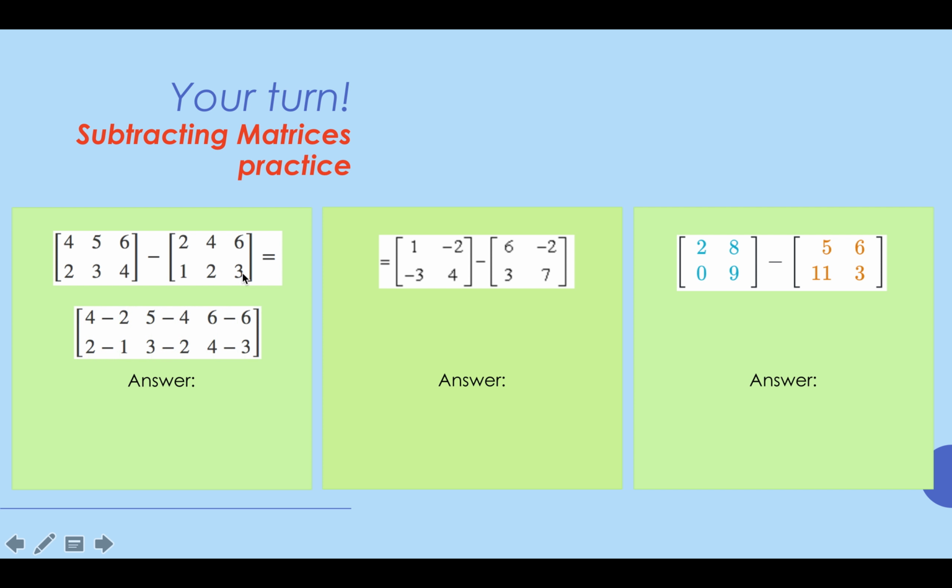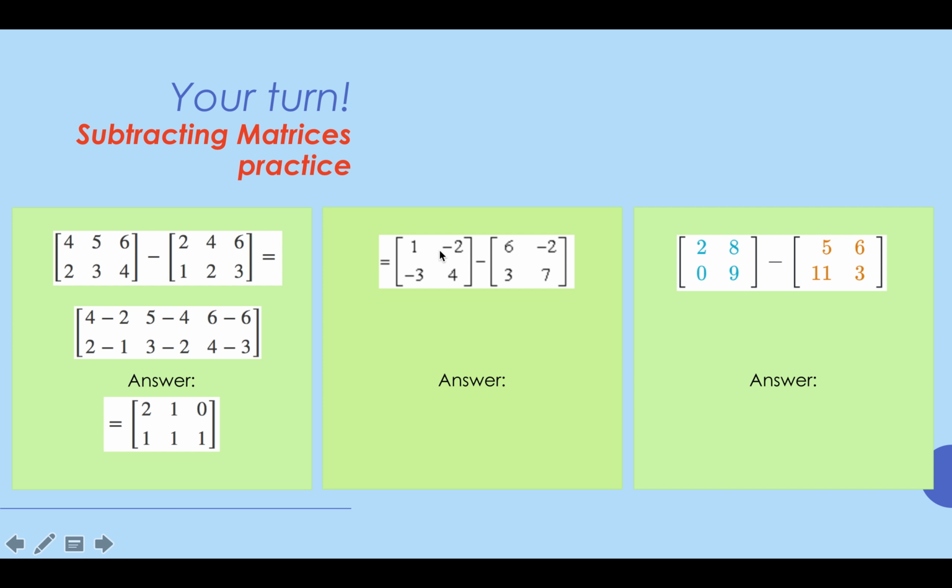We're going to put it into A minus B form because we are subtracting, which is 4 minus 2, 5 minus 4, 6 minus 6, 2 minus 1, 3 minus 2, and 4 minus 3. So this will be 2, 1, 0, 1, 1, 1. And there you have it, that's our answer.